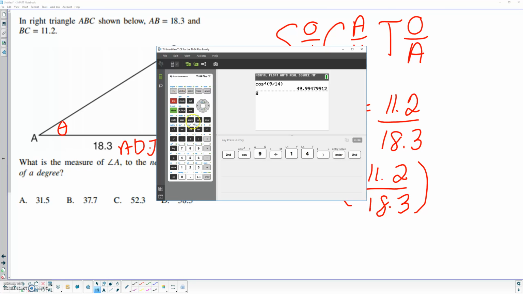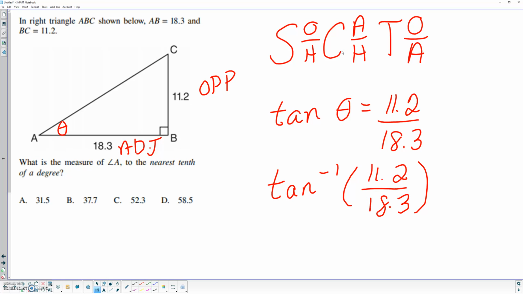I'm going to hit second tan 11.2 divided by 18.3. Okay, so in this question, they wanted the answer to the nearest tenth. So here, theta is approximately 31.5 degrees. So that would be choice A.